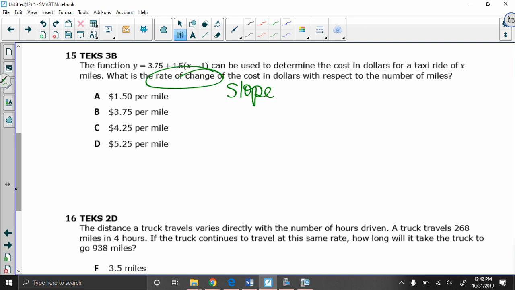So in question number 6, I mentioned that slope, which is m, comes before the parentheses.